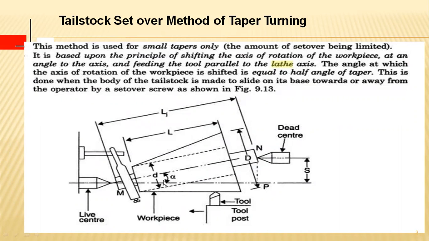That inclination will be identified, and that reference will be taken here, and this is called the shifting distance from the headstock to the tailstock that holds the object at the other end.